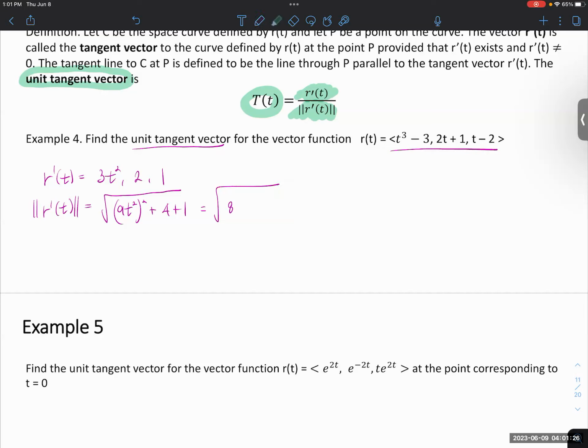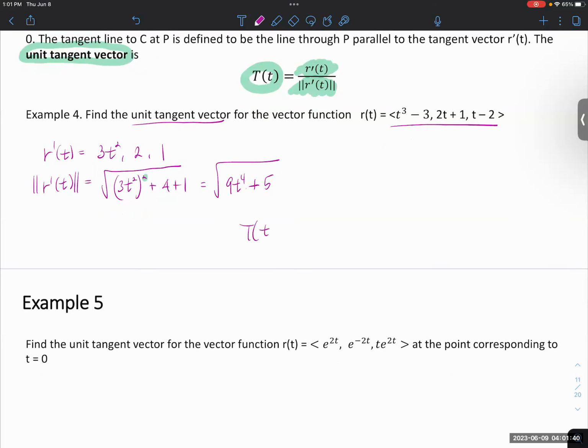Actually, I already did the derivative, so you don't need to do this one. Let me just change it to 3. So it's going to be 9t to the 4 plus 5. That's going to be the magnitude. So the unit vector is going to be 3t squared, 2, 1 divided by the square root of 9t to the 4 plus 5.